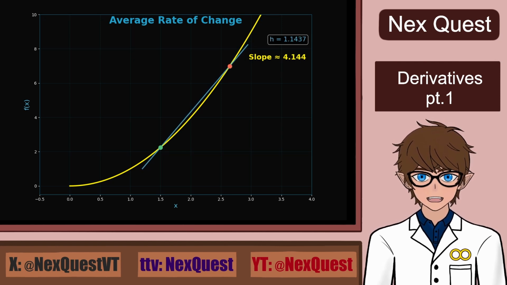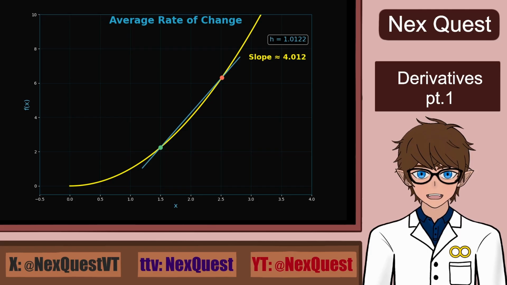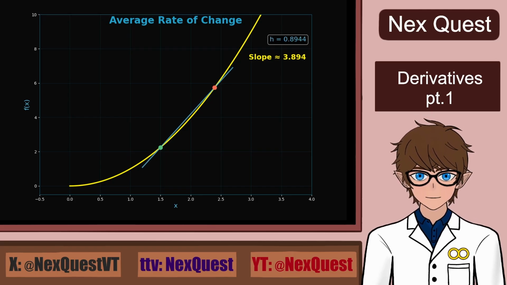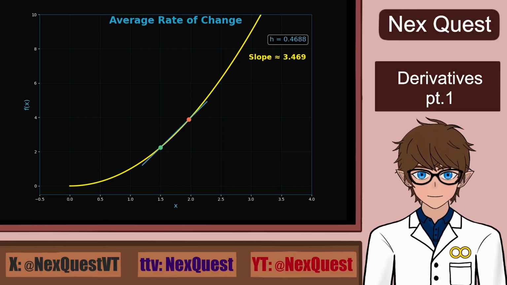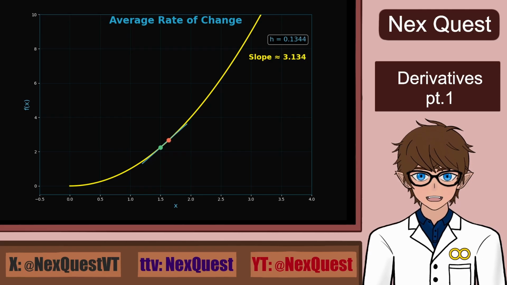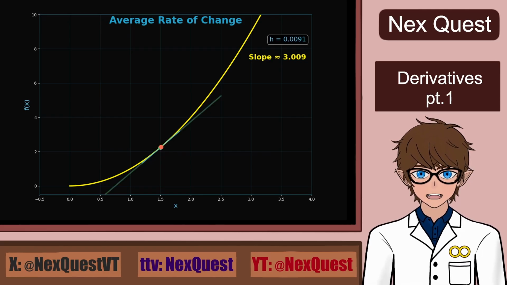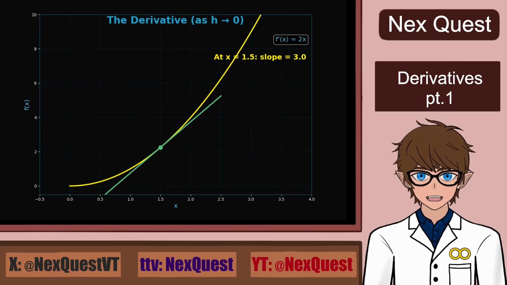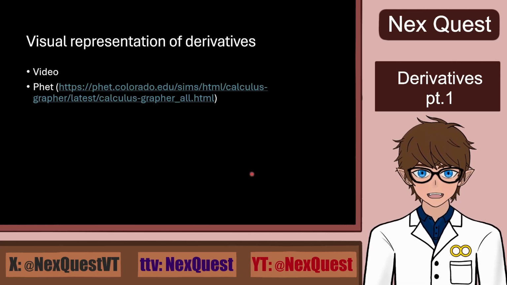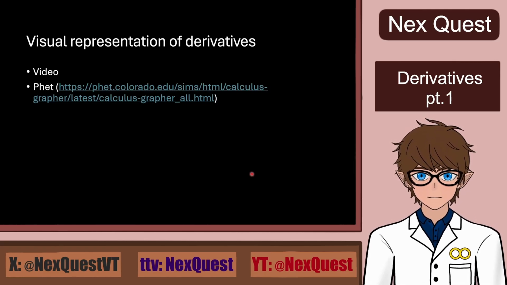Then we bring these two points together, so one approaches the first one, and then that slope is adjusted accordingly. And once the points touch, that slope should be the slope or the value of the derivative at that point in that function. So the steeper the function, the higher the value. But we see that in the PhET animation, to which I will skip and then return back to the video.